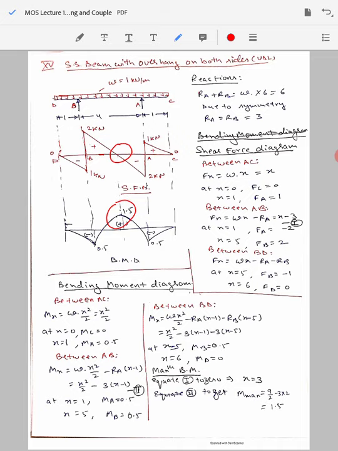So in order to identify that position, we have our shear force equation for the span AB as x minus 3. If you equate it to 0, this gives you x equal to 3. So x equal to 3 is the value where you get the maximum bending moment between this span.